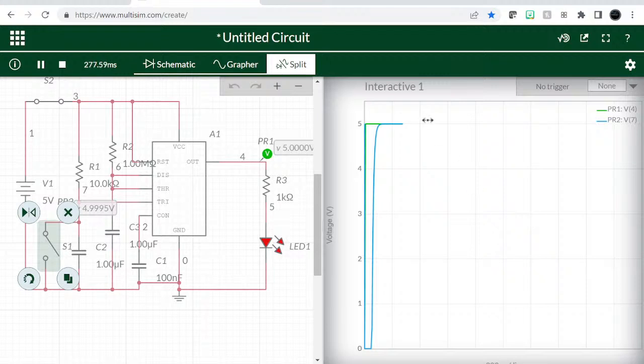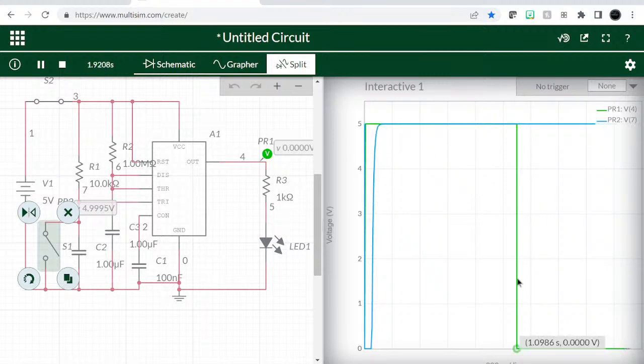All right, let's look at that monostable period. Let's see when it's going to come down. Now the blue line belongs to the value between pin 2 and ground. So it's staying high because it's being pulled up by resistor R1.